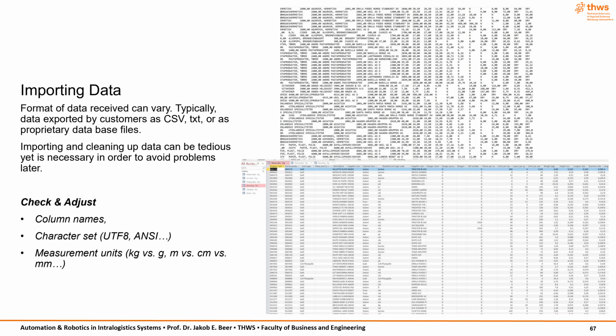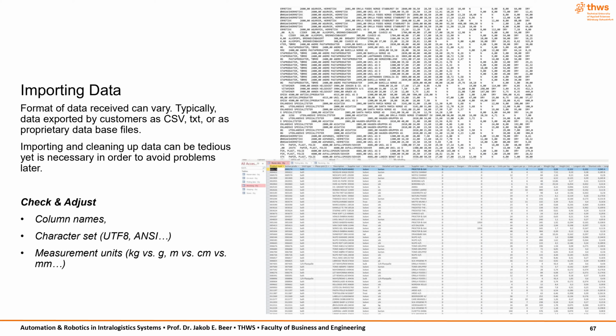If your import routine expects one label and the file contains another, the column will not be recognized and your import will fail or produce erroneous results. Standardizing column headers is therefore the first step toward consistent data handling.